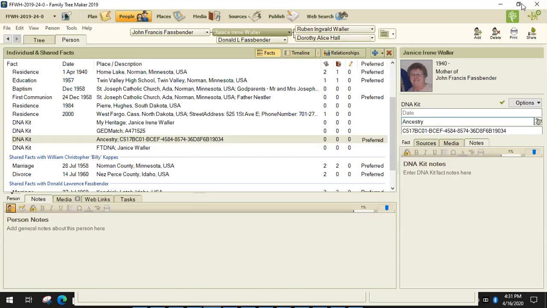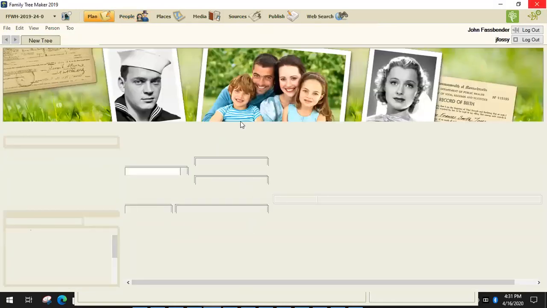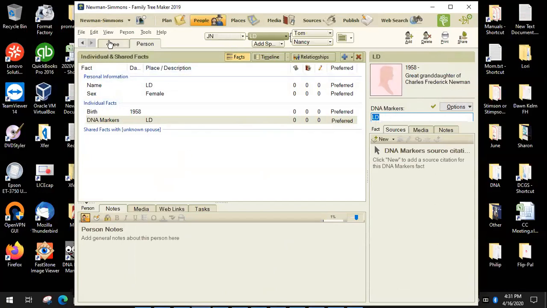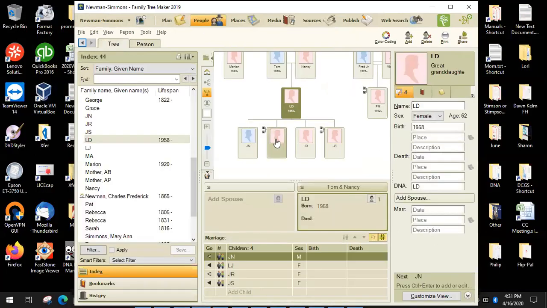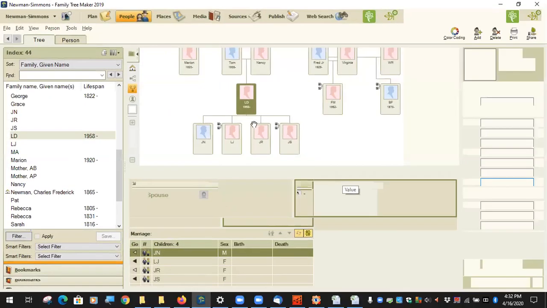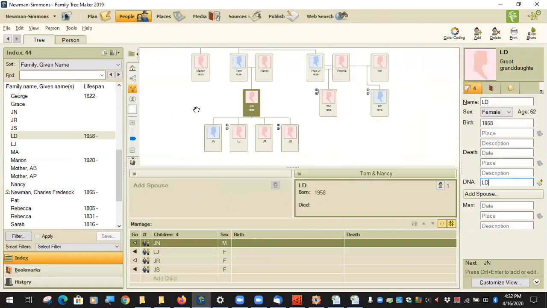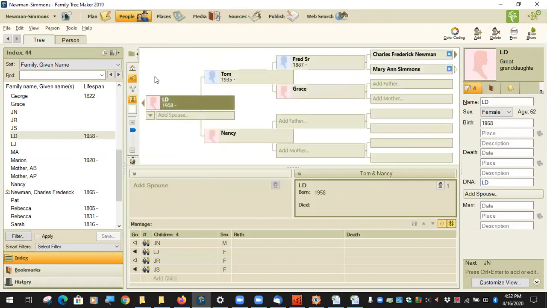Okay, let's go back to the original case. So we got the people in, we've attached the DNA fact to everyone, and we've obtained the match file.